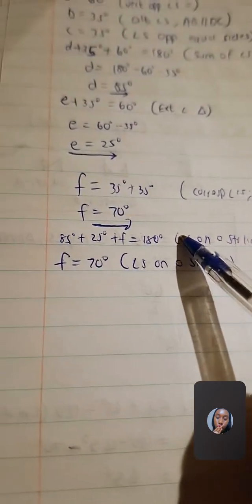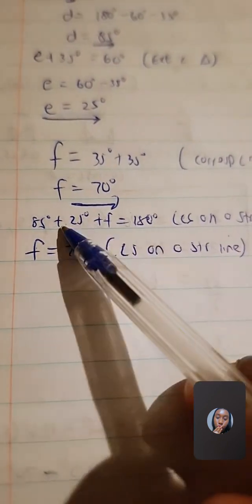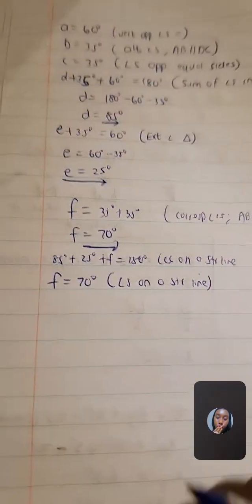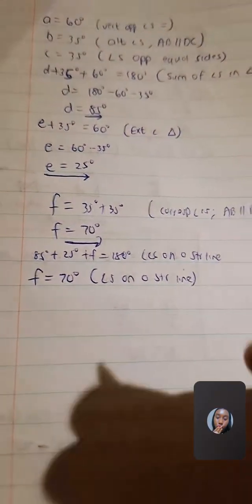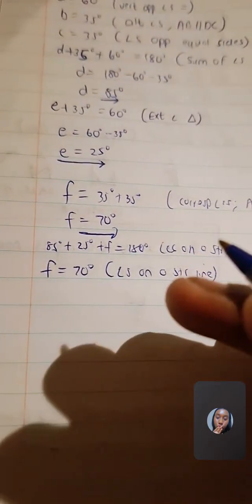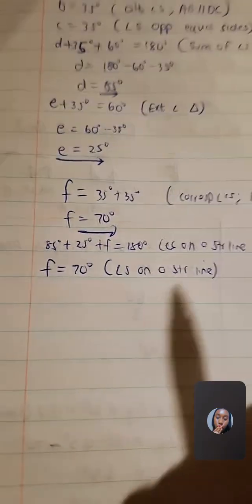Angles on a straight line. Then you transpose. You take 85 and 25 to the other side, you get 180 minus 110, and then F is equal to 70. That is good to do initially in your geometry journey, to do it step by step, so that you can get into the mindset. You start getting your mind trained to solving step by step and getting the angle.